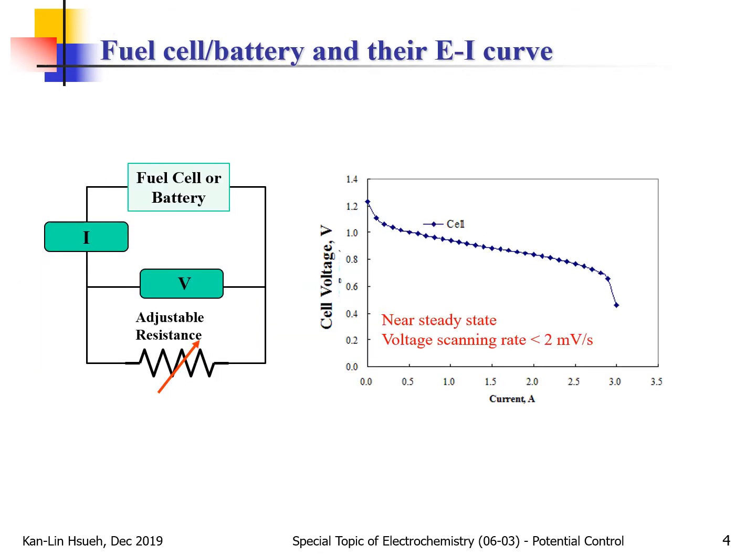In the experiment, we measure with a battery or fuel cell connected with an adjustable resistance, and a voltmeter measures the voltage across the fuel cell, and the ammeter, the current measurement, is connected in series. Then we gradually adjust the resistance.